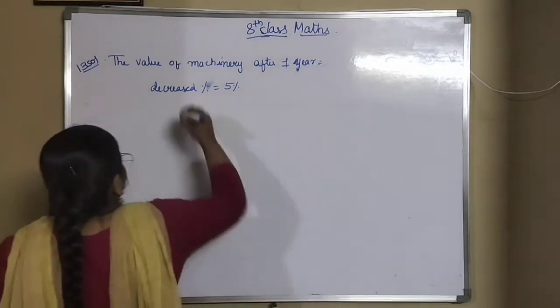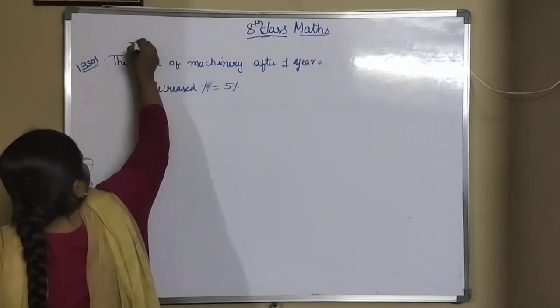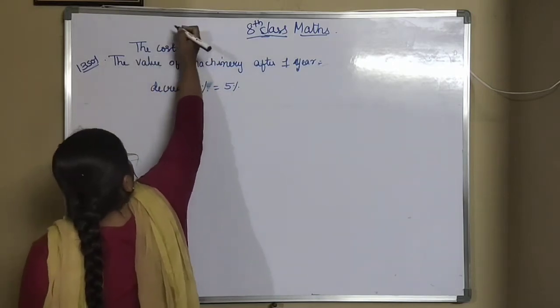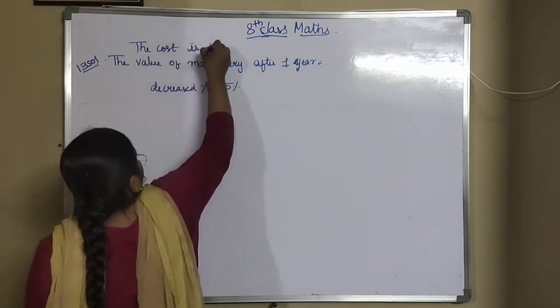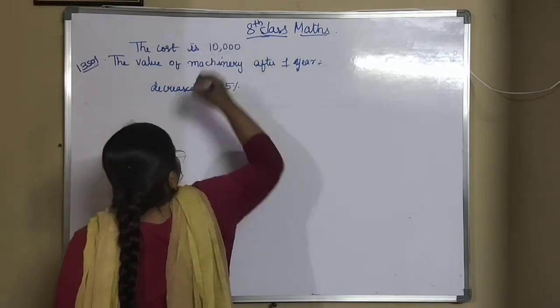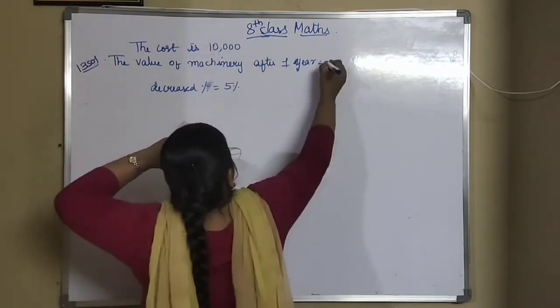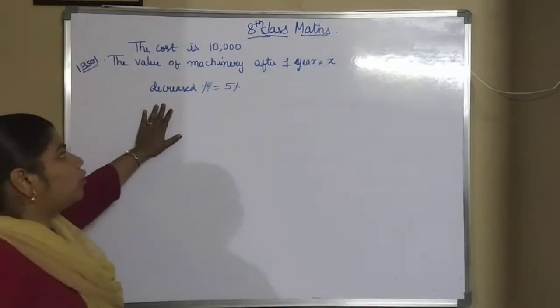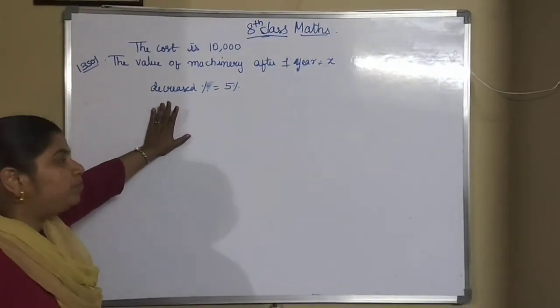Worth is 10,000. So the cost here is 10,000. After 1 year, what is the value we have to find? That one I am taking as X, and it has been decreased by 5%.